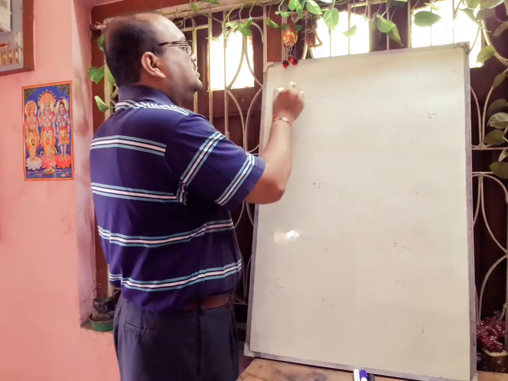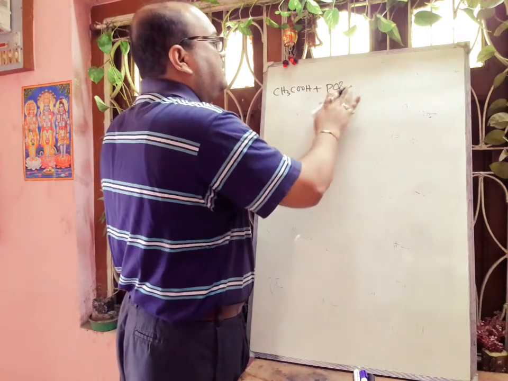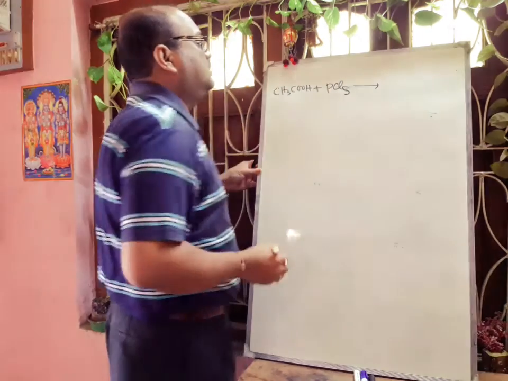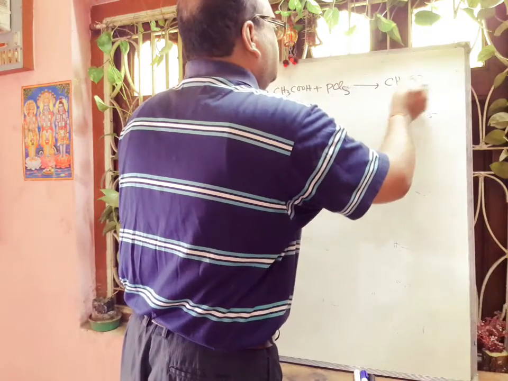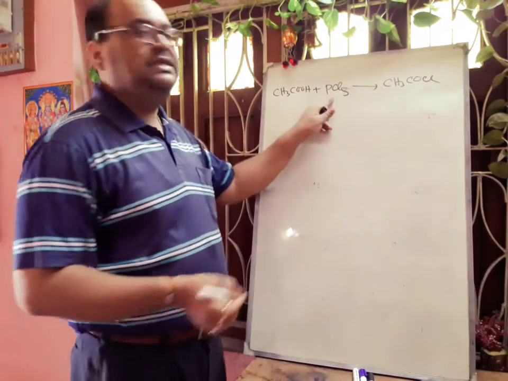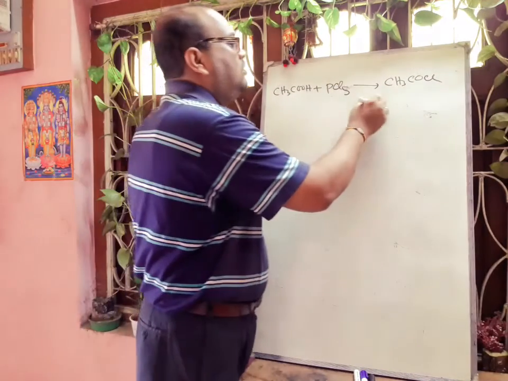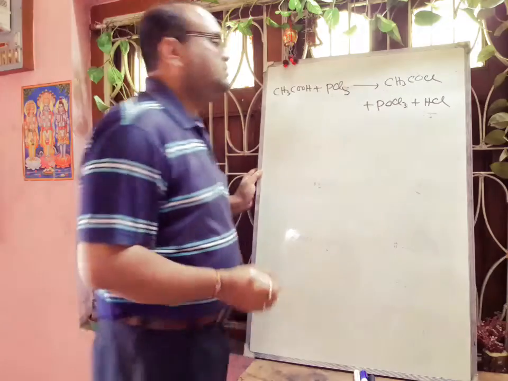So first, CH3COOH, if we use PCl5, that will produce the corresponding acetyl chloride, CH3COCl. This is our desired product, and PCl5 will convert into phosphorus oxychloride, POCl3, plus HCl.